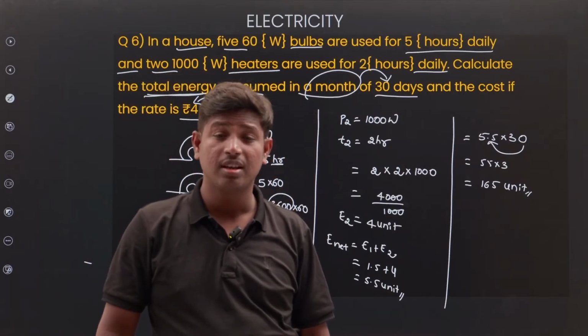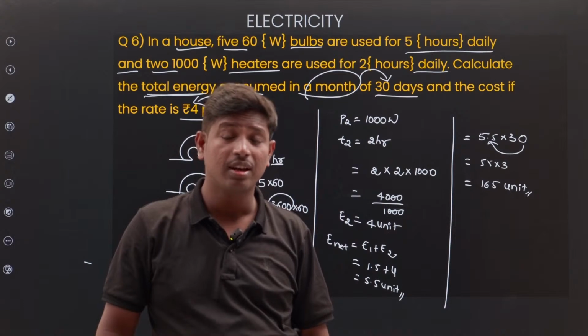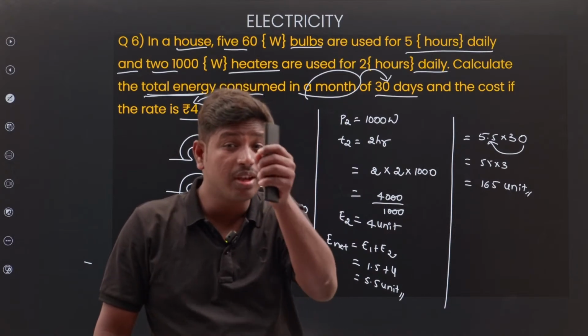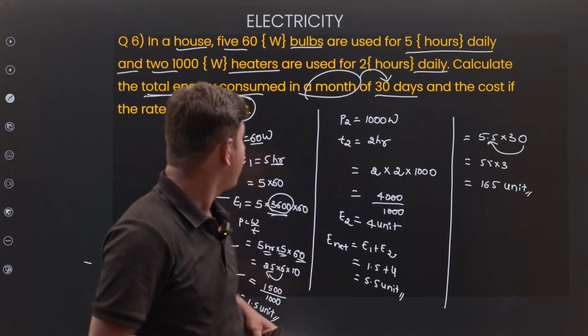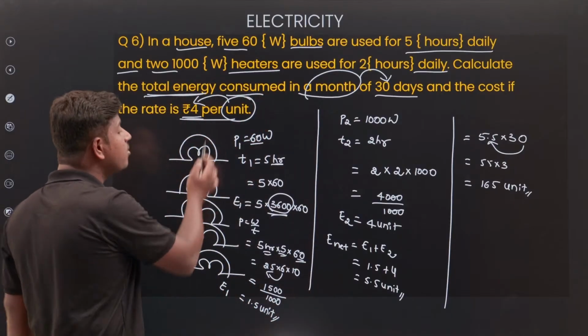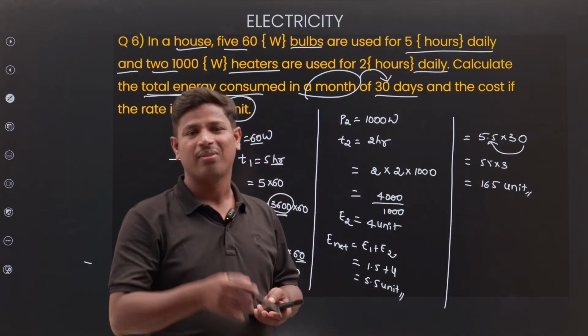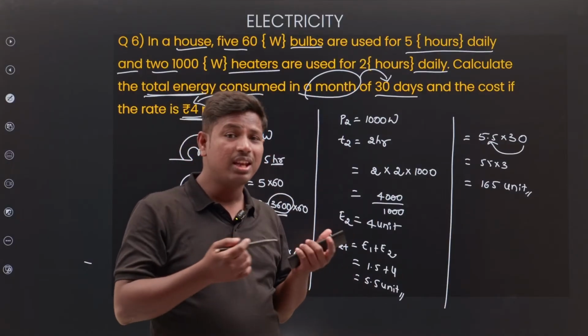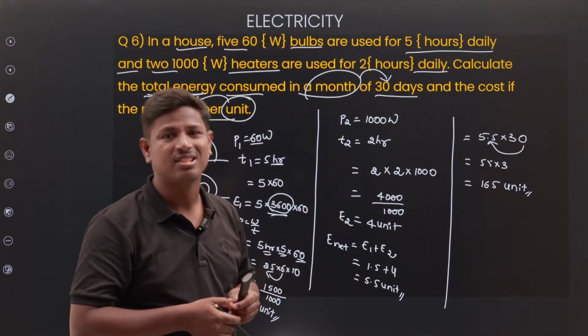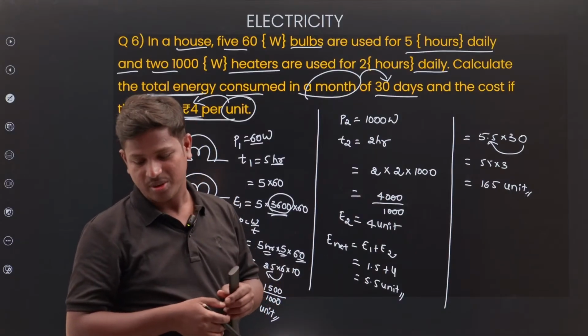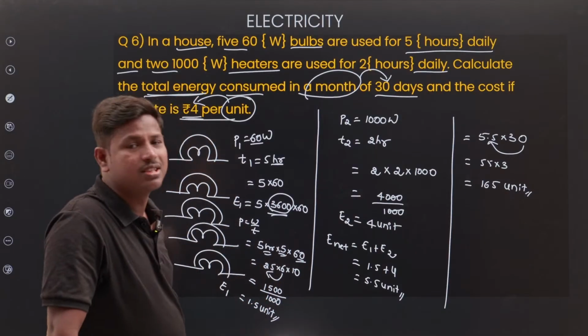In a month of 30 days, how much energy? 165 units. And each unit cost is 4 rupees. Now the problem is not done. For each unit 4 rupees, and there are 165 units. Anybody from the comment section calculate and tell me, 165 into 4.